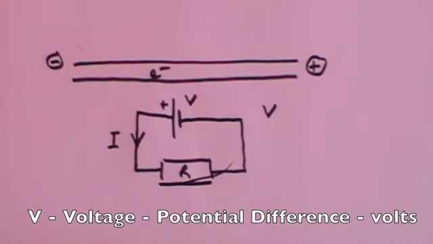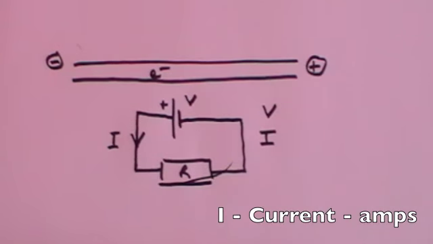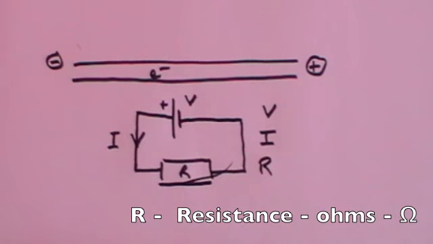Let's just rehearse what each of those are for. V is for the voltage, sometimes called the potential difference or the potential drop, and that is measured in volts. I is for the current, which is the flow of electrons around the circuit, and that is measured in amps. R is the resistance, which impedes the flow of electrons but doesn't stop them altogether, and that is measured in ohms, or the Greek letter omega.